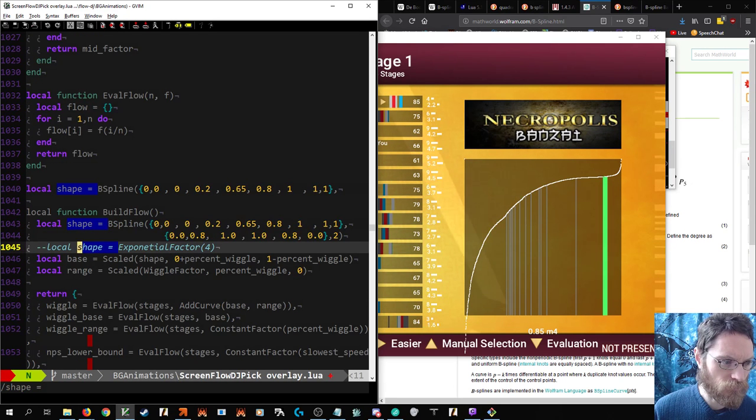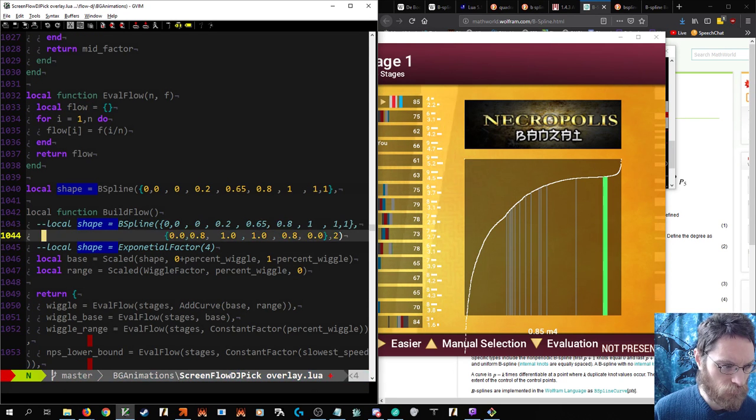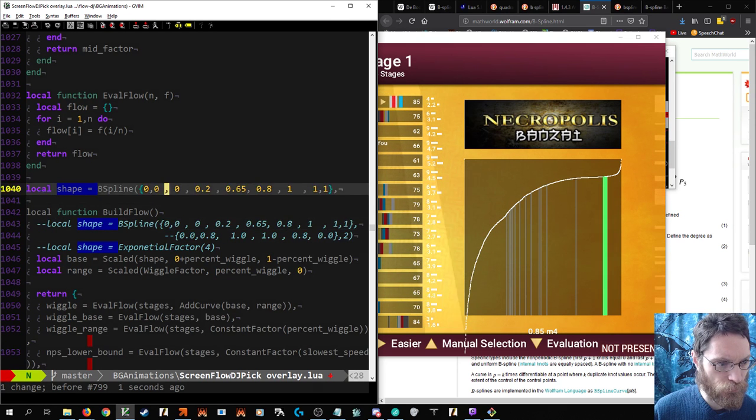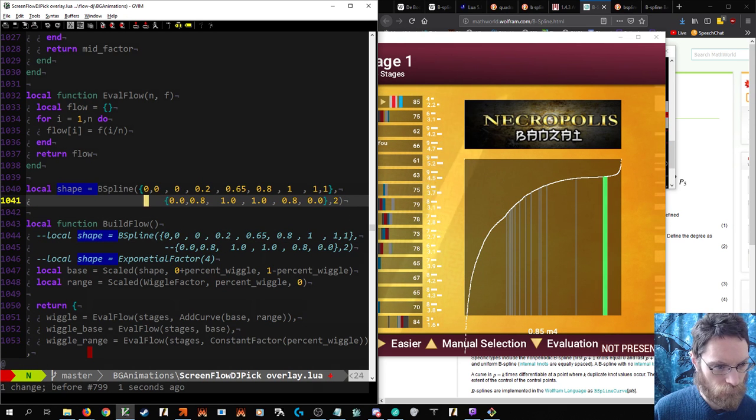I think I'm supposed to use shape. Oh, we have to, nope, and beginning of the line, please. Realign that.